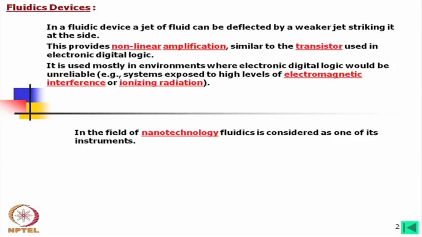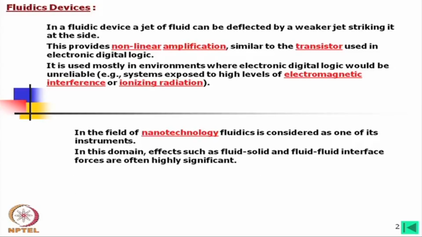In the field of nanotechnology, fluidics is considered as one of its instruments. I would say, in other words, the word nanotechnology is used for various fields. In case of medical science involved with fluid flowing, nowadays fluidics is finding its way, where it can be utilized in better ways than any other devices.